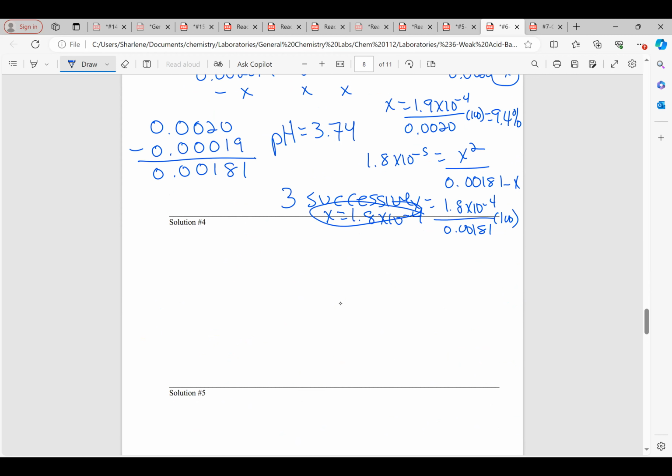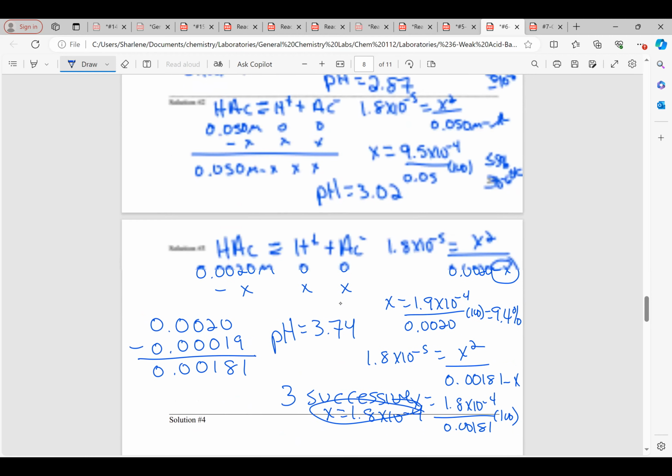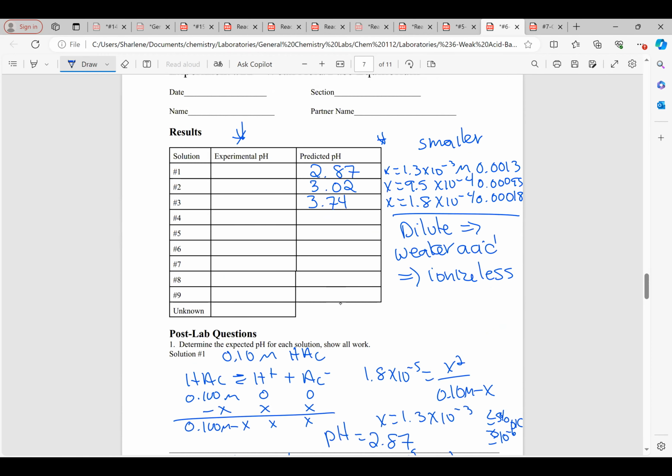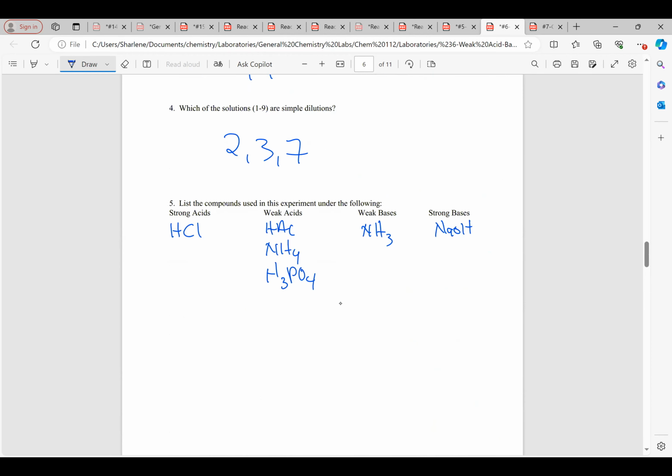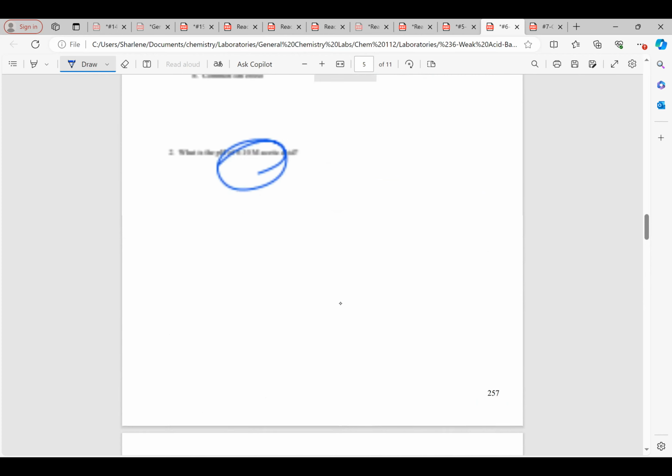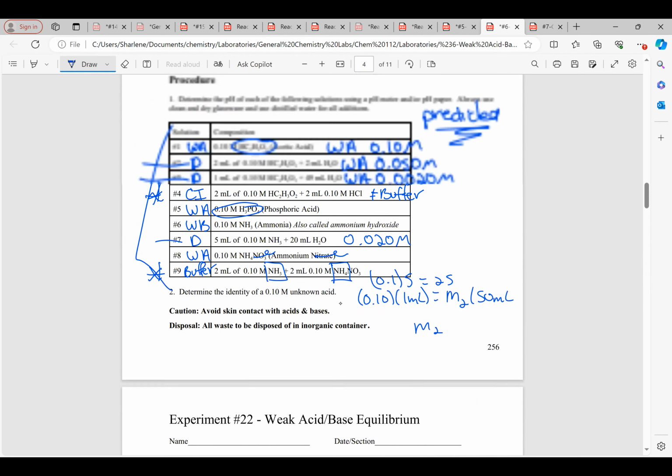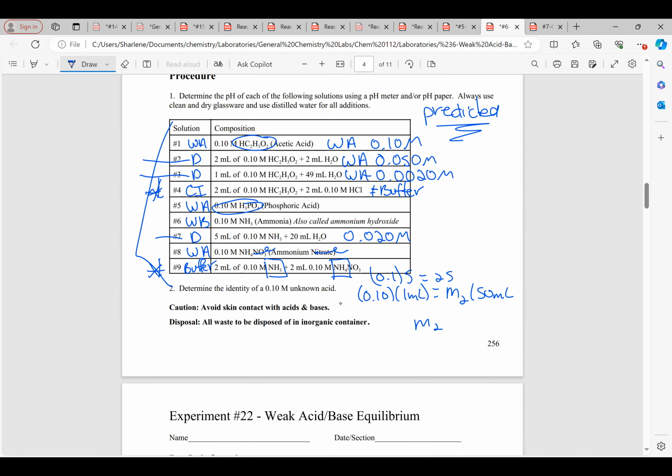On solution number 4, I'm going to have to peek back up here. Solution number 4 is 2 mils of 0.1 and 2 mils of 0.1.